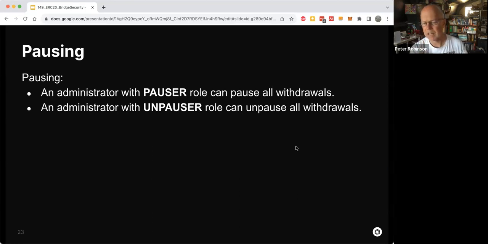So you can imagine you've got an administrator with pause capability, can pause withdrawals, and then an administrator with unpause can unpause the withdrawals. So these administrators are quite likely to be multi-sigs. You're not just going to give one individual EOA that capability. It's going to be some sort of multi-sig, but it still comes down to an account somewhere in the system.